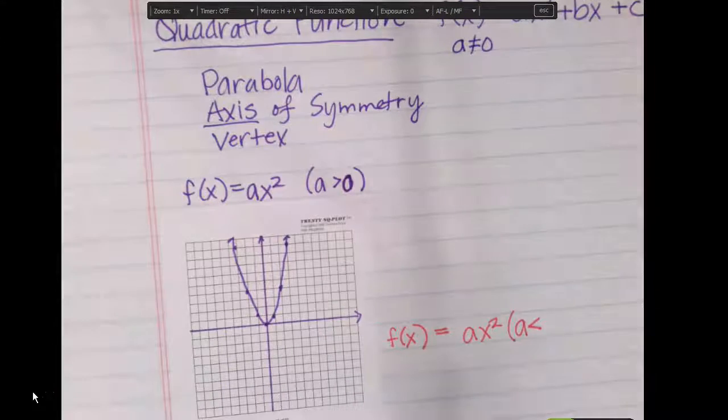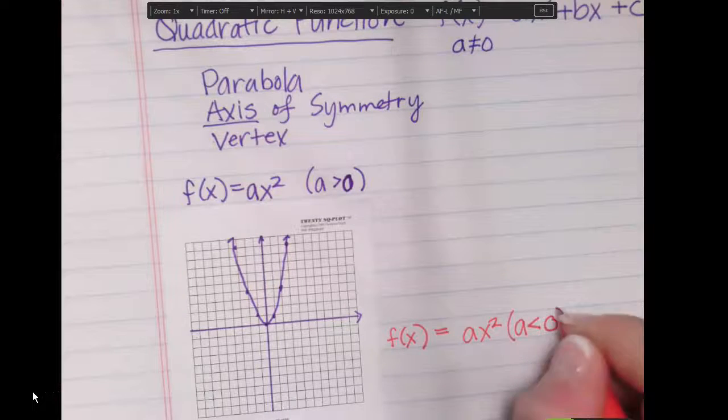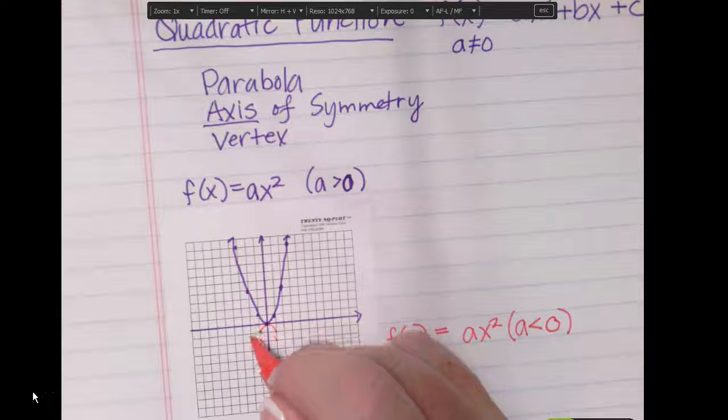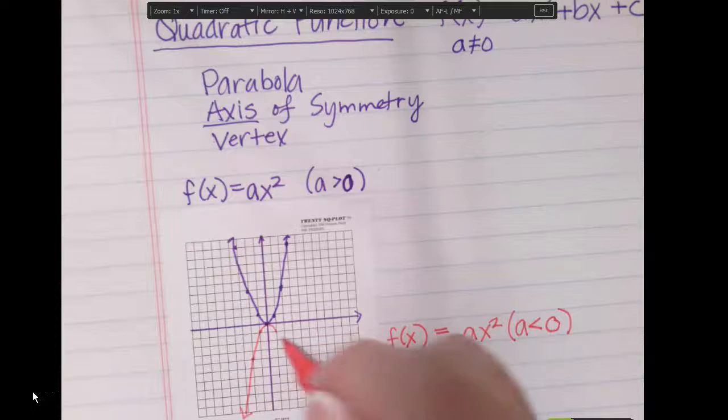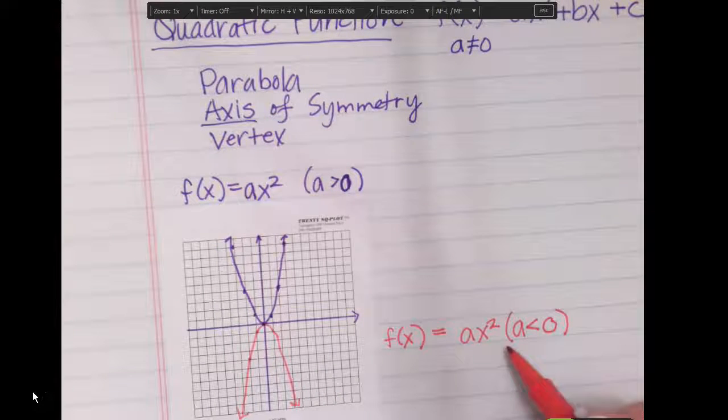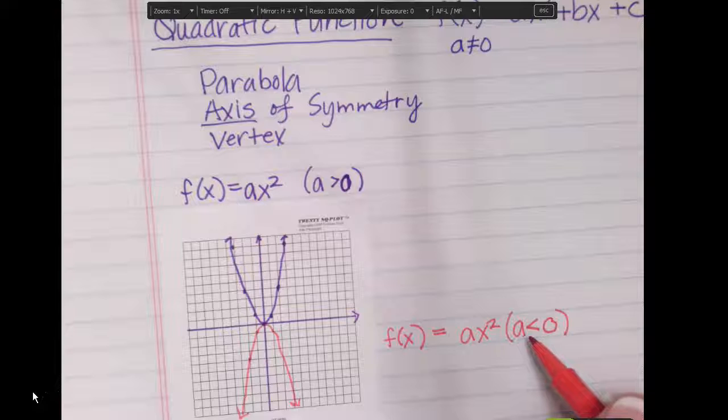So any positive number. And so then for this one would be a is less than 0, and then that would be an inversion. So 2, negative 4. There we go. Okay, so that's what happens if a is less than 0.